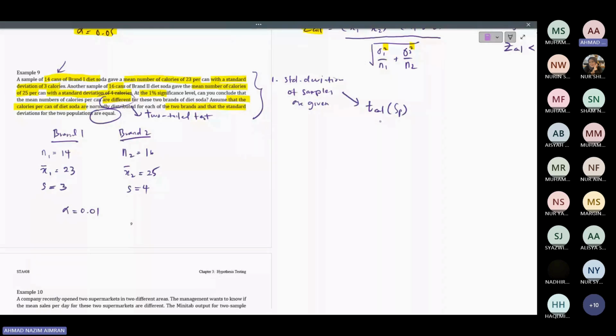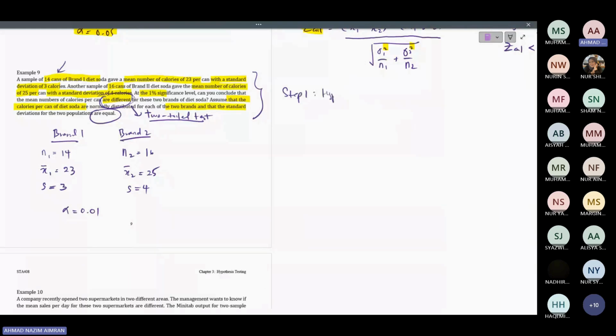All right. And the last one is, it is a two-tailed test because the question asks us to find whether the two brands of soda are different. So now you already know which method to be used. Okay, so let's proceed with the step-by-step approach again.